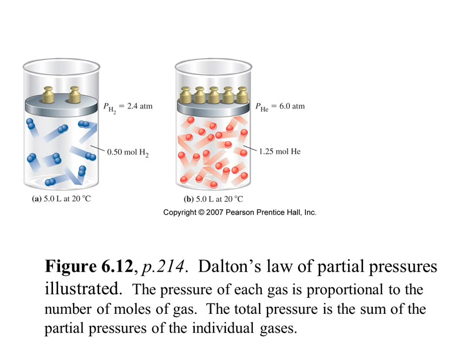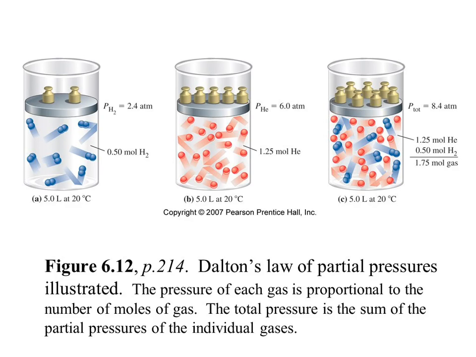Okay, and so we actually have the moles given and the partial pressures, 2.4 atmospheres and 6 atmospheres. If we keep the same container volume, so all 3 volumes are the same, but we've taken the hydrogen and the helium and put them in the same container, the same volume. Not so surprising now, on that little piston we need 2 plus 5, or 7 little weights.